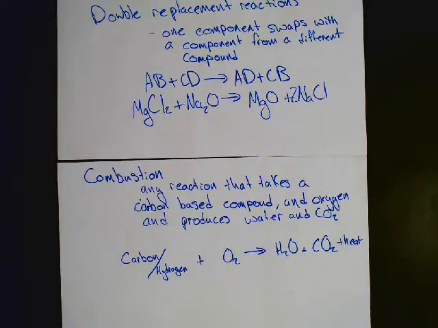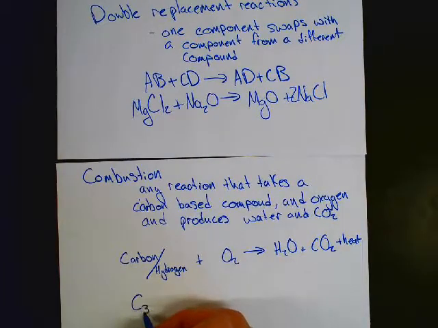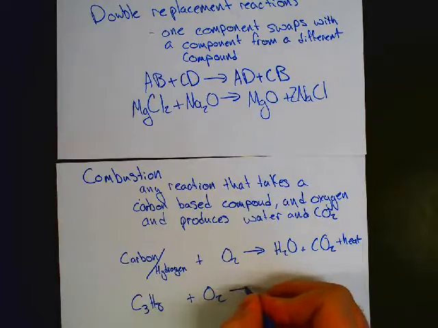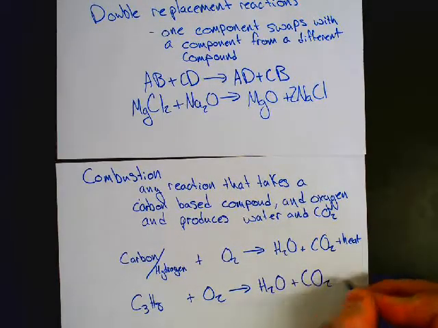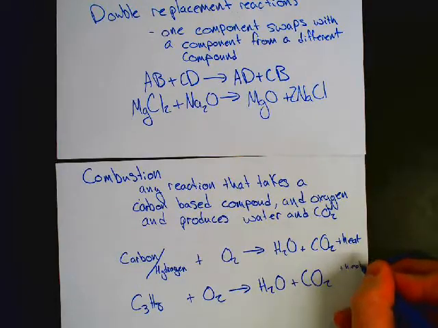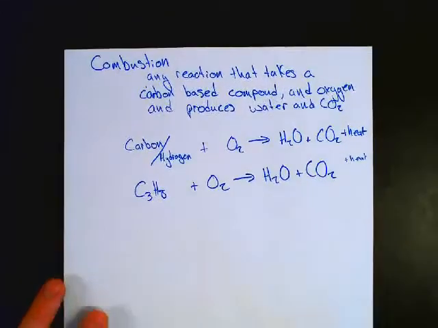Yeah, plus heat. So, for example, we could take something like C3H8 plus O2 reacts to produce H2O plus CO2 and heat. Now, I'm probably hearing from the backs of your minds, I'm not familiar with that.